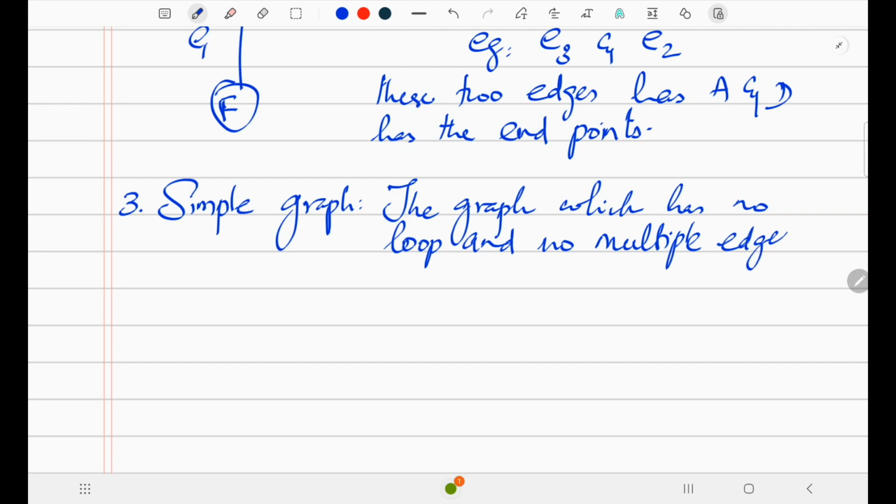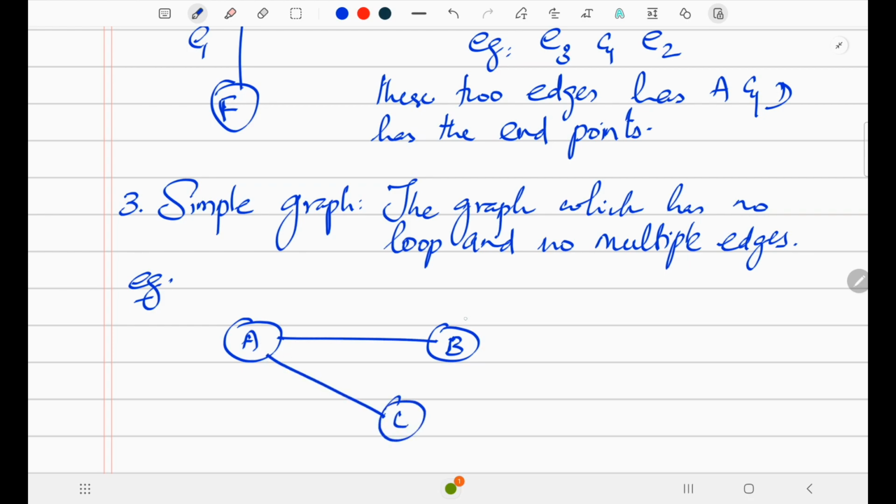That means each and every edge has a different pair of endpoints. For example, draw any shape with any number of nodes and edges. I have drawn A, B, C. Here we don't have any loops or multiple edges, so we can say the graph I am showing is a simple graph.